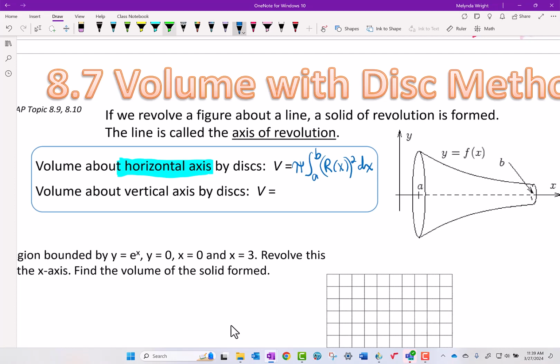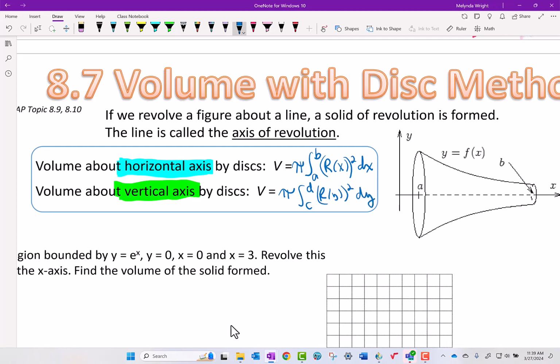On the other hand, if we're rotating about a vertical axis, a vertical axis of rotation, we're going to use a different formula. This would also be pi, integral from c to d, and I'm just changing the letters so we know those would be y bounds, of r of y squared dy.